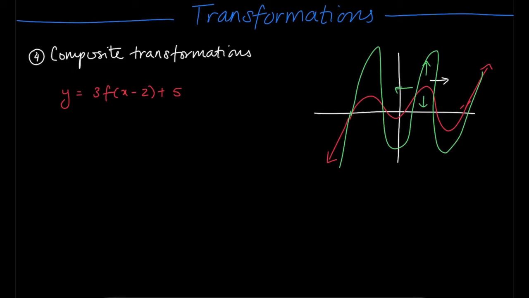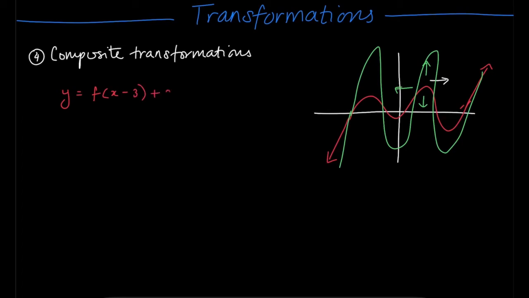But first let's say we have two translations when transforming. Let's delete this example, and let's say we just have y equals f of x minus 3 plus 2.